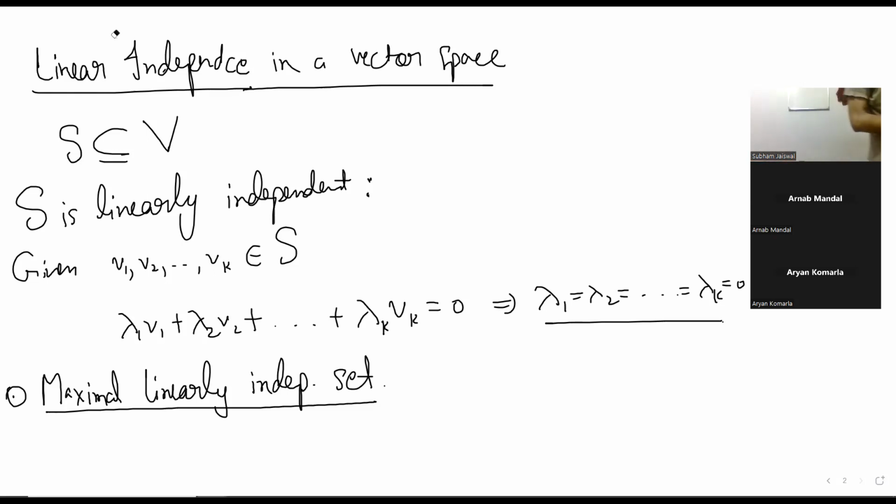You see, given a vector space, we would like to find a subset of vectors using which we can get every vector, right? So from that angle, you can think.